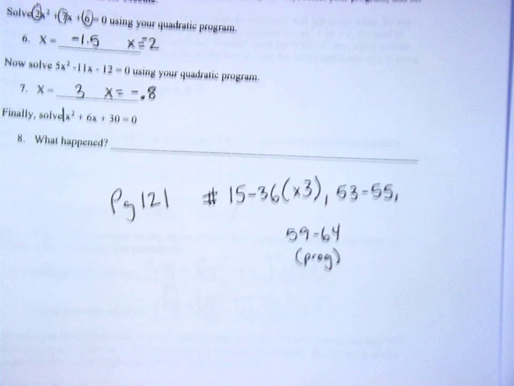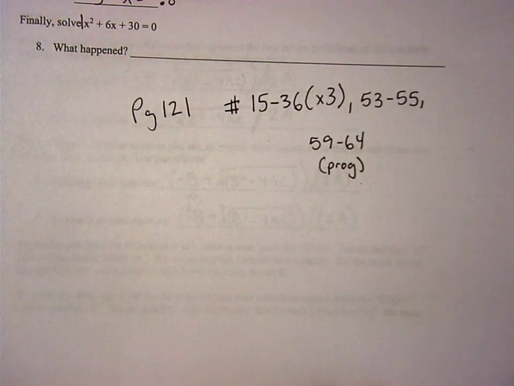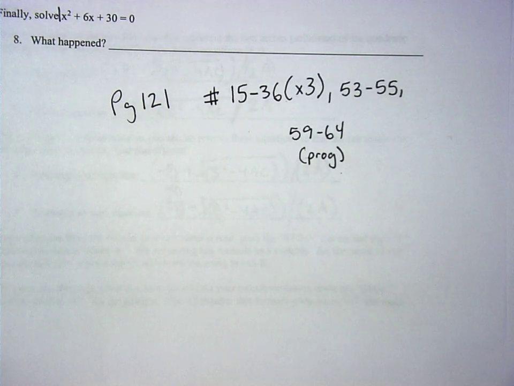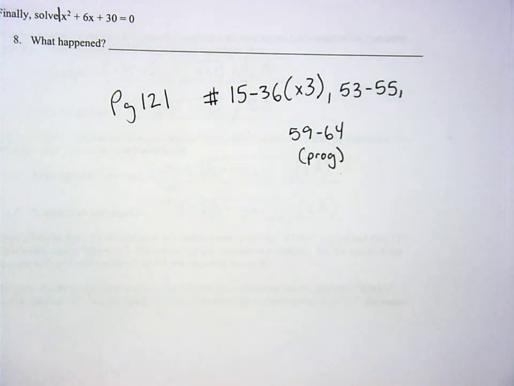That's yesterday's assignment, right? 15 through 36, multiples of 3, 53 through 55. And then add 59 through 64. And you get to use your program on those. But a word of caution.